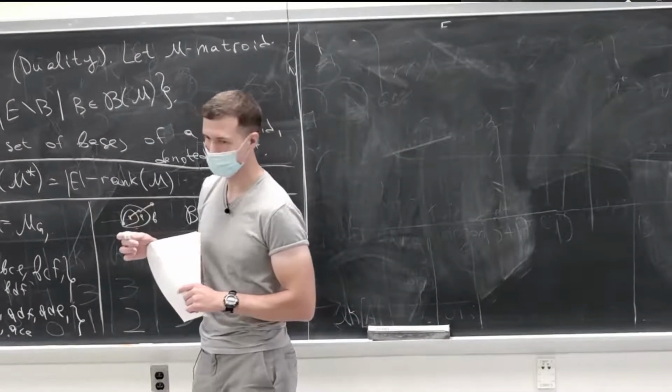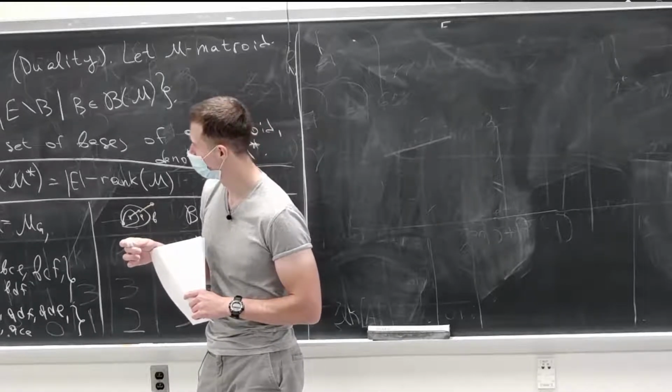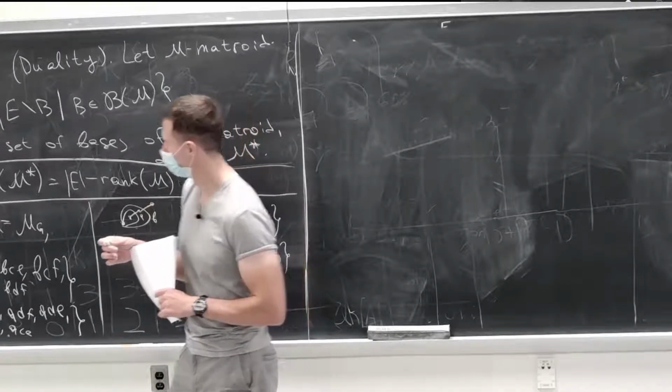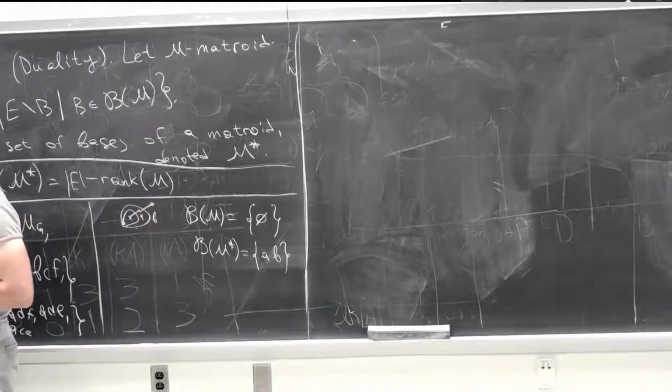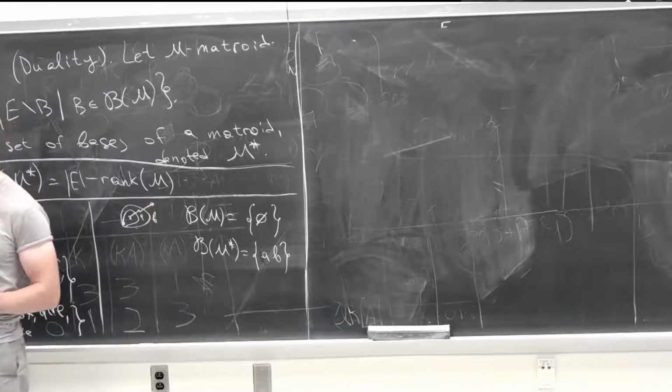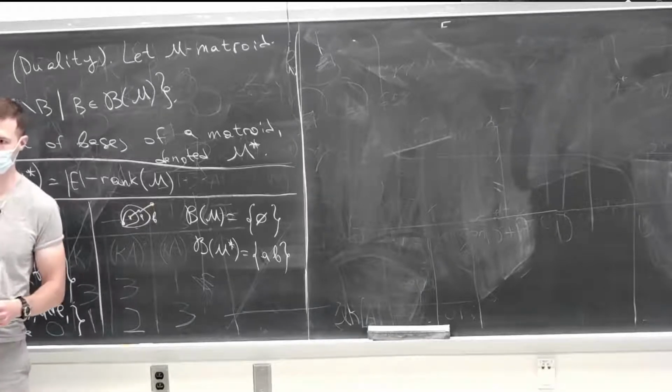What do you mean loops in the ambient space? Okay, yeah, you should think of this as drawn on a sphere, maybe, so that the whole picture is symmetric. There is one outer face which is no different from any other.